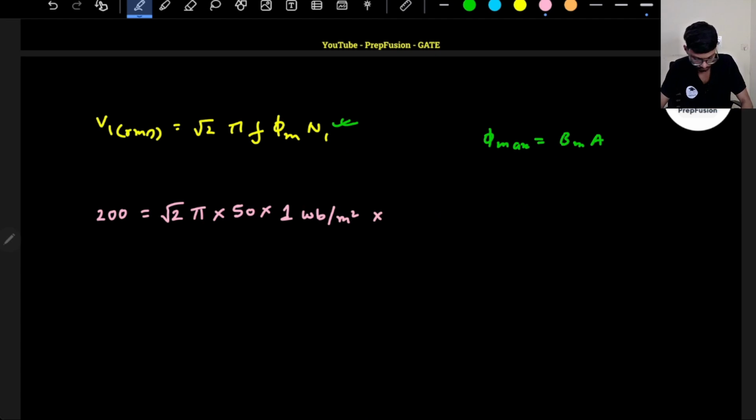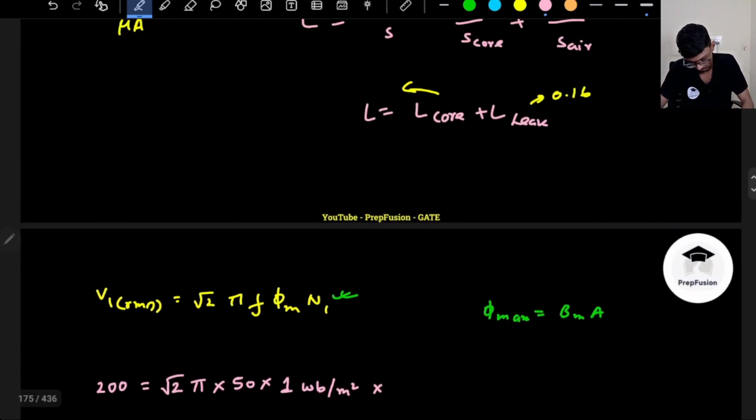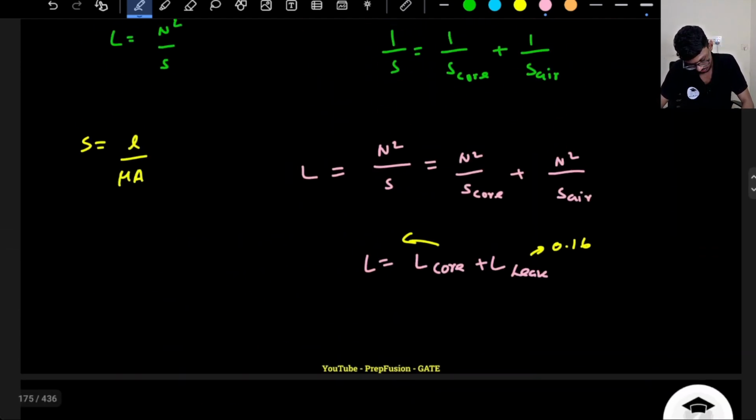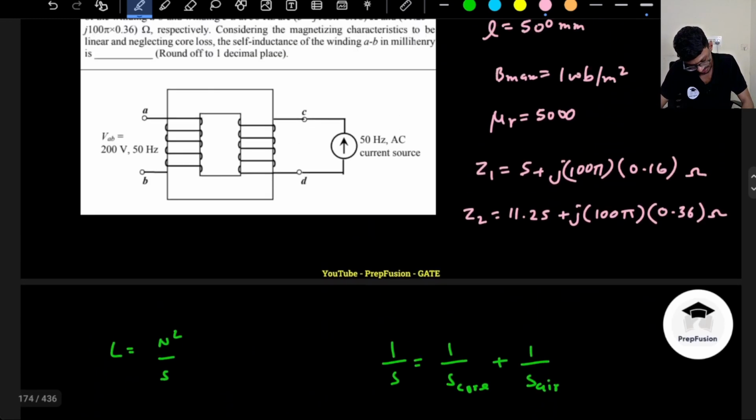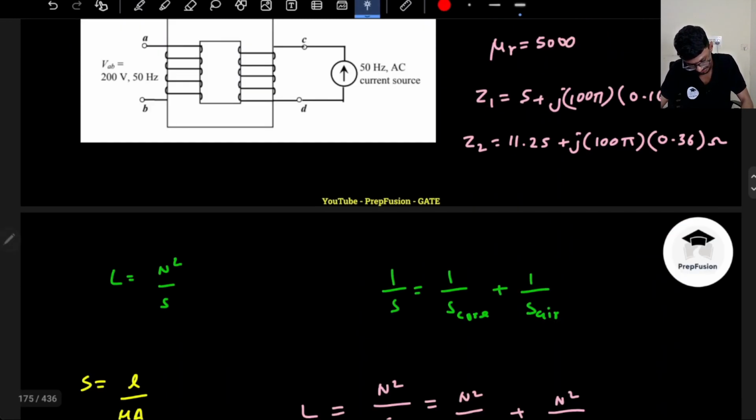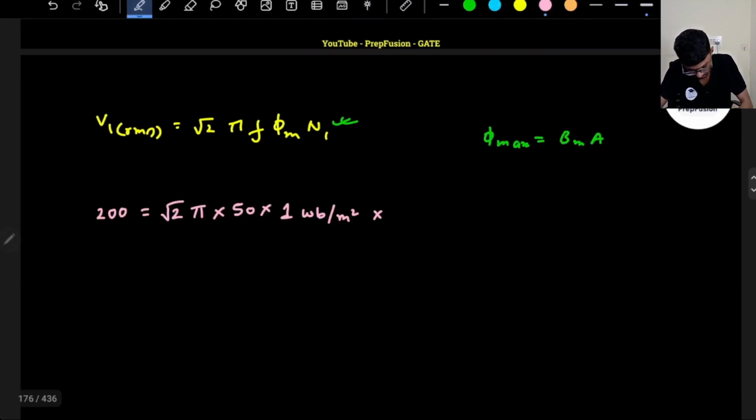Into the area. Area is given as 5000 millimeter square. In meter square it will be 5000 into 10 raised to power minus 6. And n1 obviously I have to find out. So this is my n1 value.